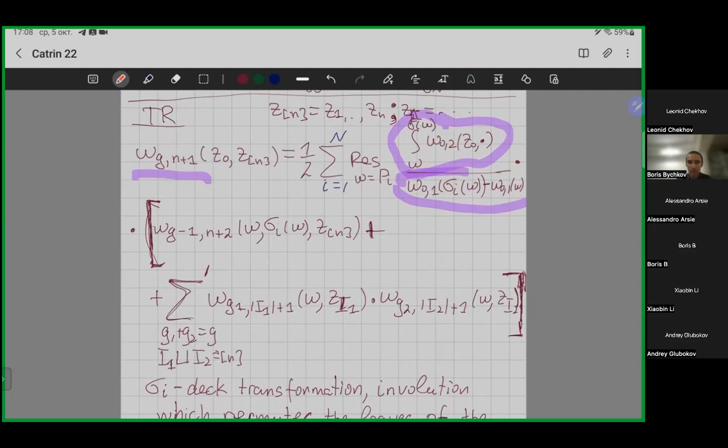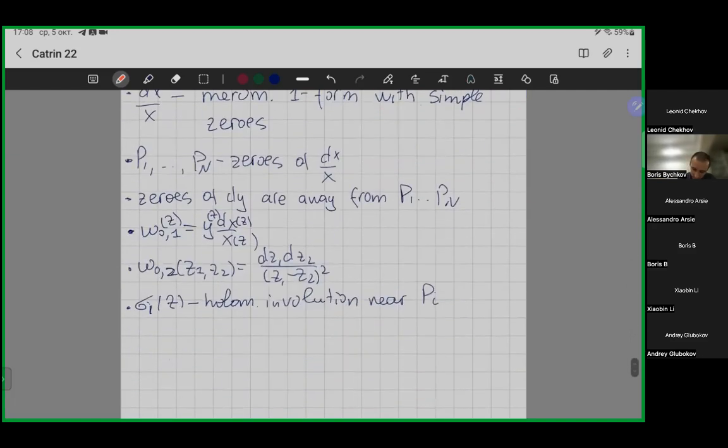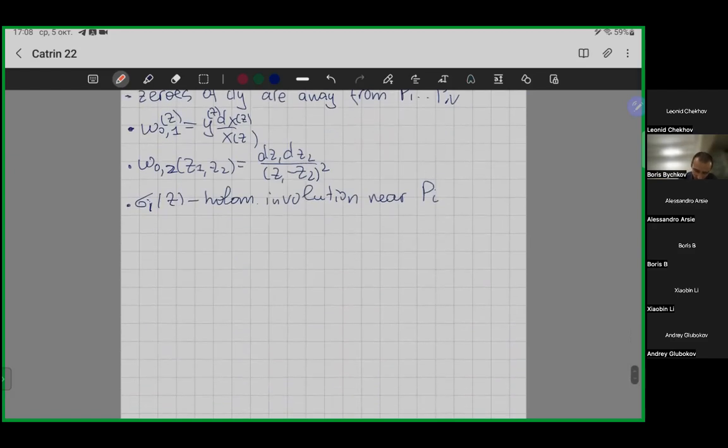But maybe before that I want to say a few words about what benefits you could extract from this recursion, and then some examples of calculation in the case of Hurwitz numbers. Let me start with examples.